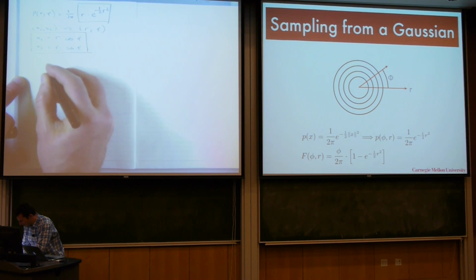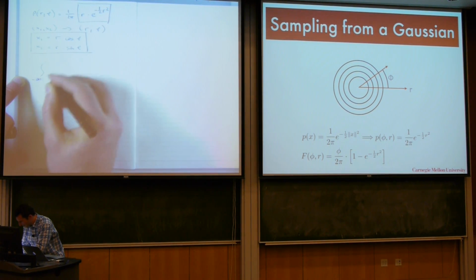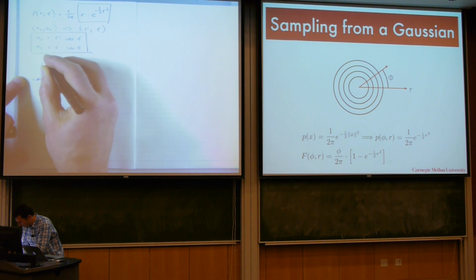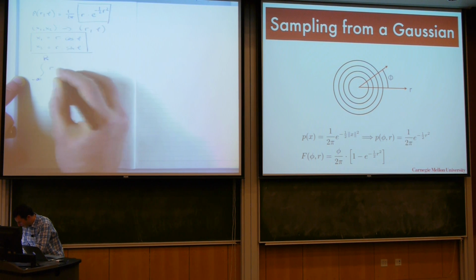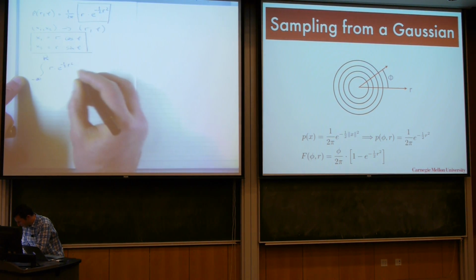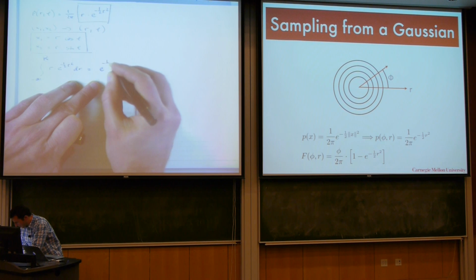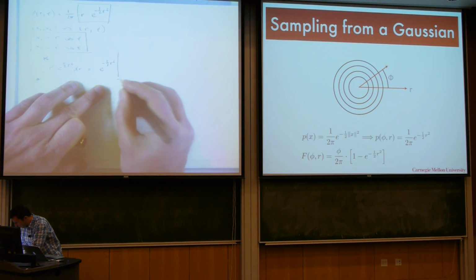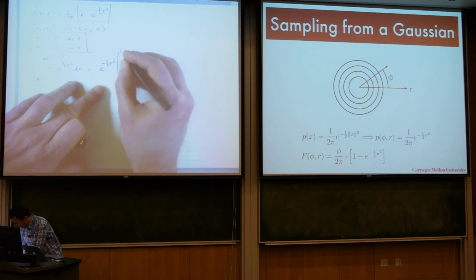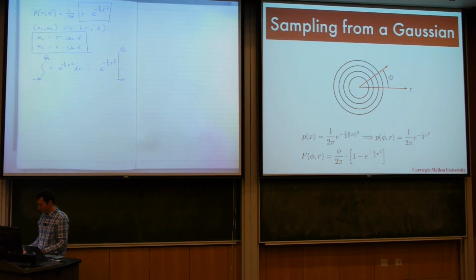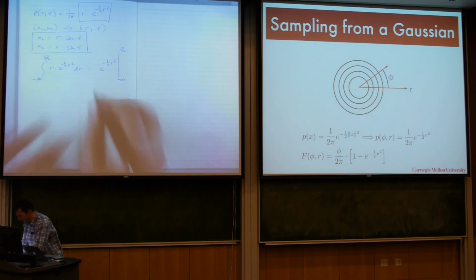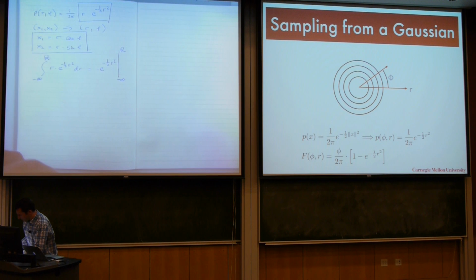And as you can easily see, the integral from minus infinity to capital R of r times e to the minus 1/2 r squared dr is nothing else but minus e to the minus 1/2 r squared evaluated between minus infinity and R. So here's the CDF.